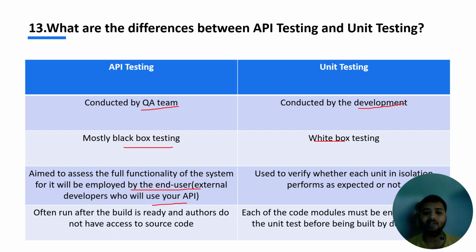Unit testing is used to verify whether each unit in isolation performs as expected. API testing is often run once the build is ready, and testers do not have access to the source code. Each of the code modules must be unit tested before the build begins.